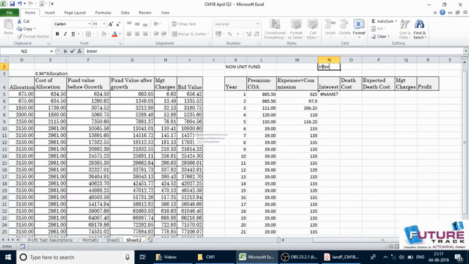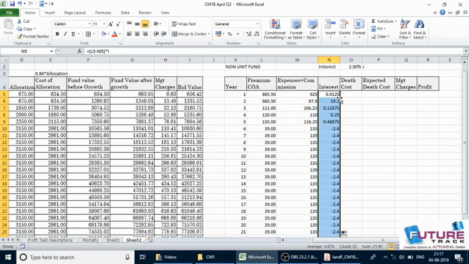Let me interest is 4.5%. Sorry, we have interest is 2.5%. I'm making this name as I. Fine. So I is the name. See, automatically it will go, and this will work for all that.